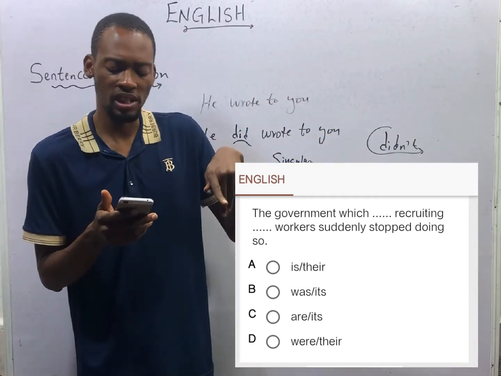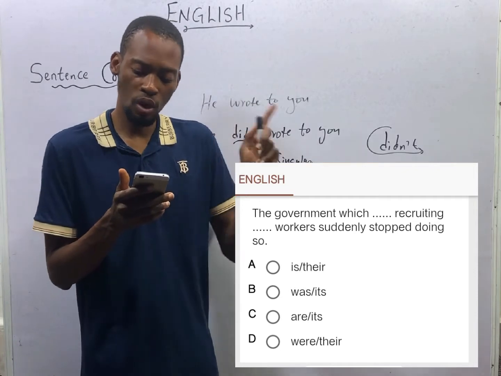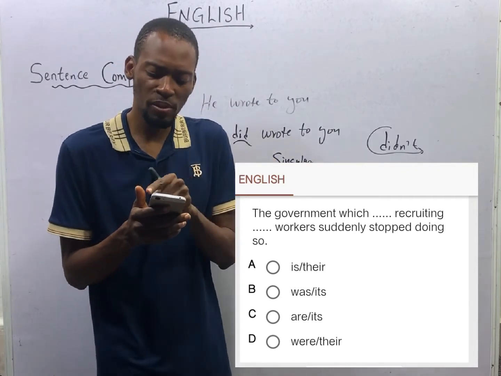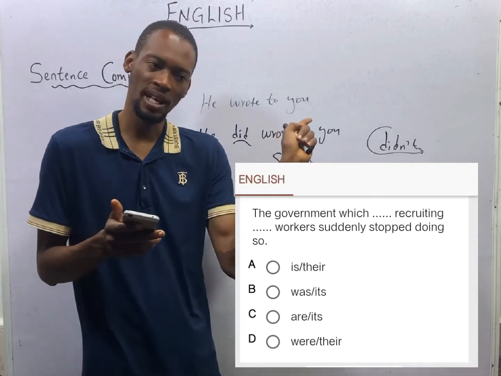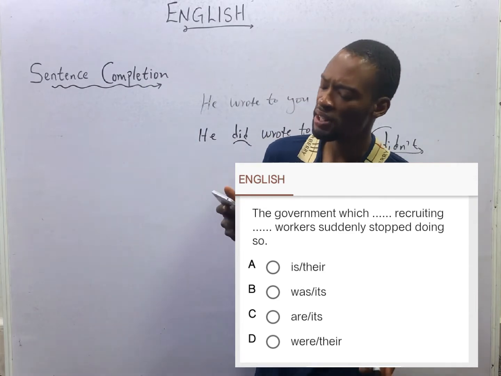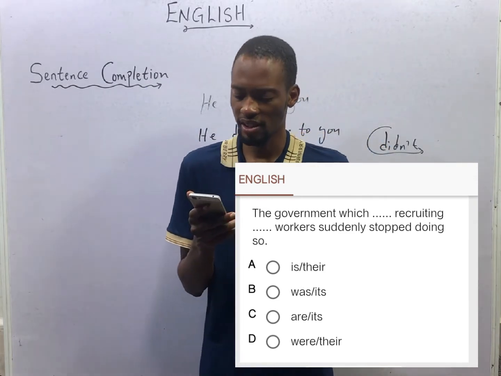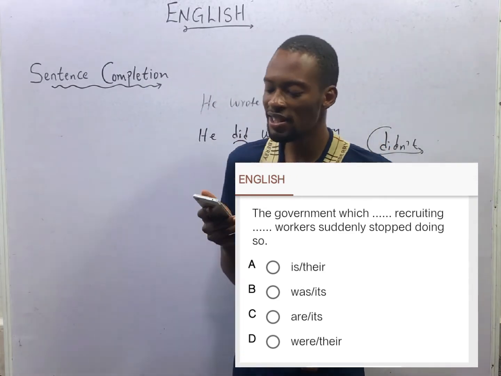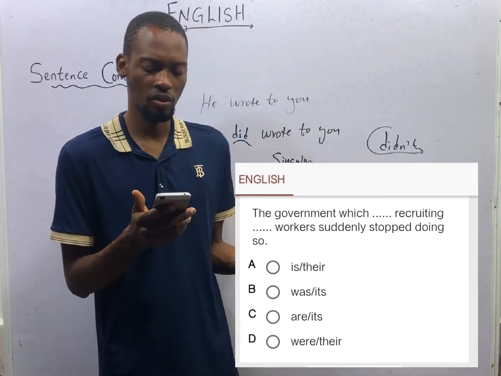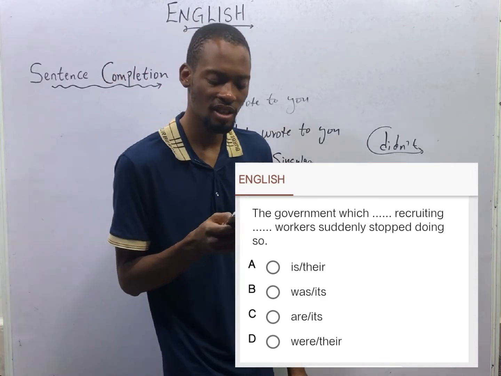Therefore, the government, which was, okay, I'm talking about past tense, because they stopped doing so. They were doing it in the past. So that makes past tense come in. The government, which was recruiting its workers, suddenly stopped doing so. As a singular word, option B is the correct option.